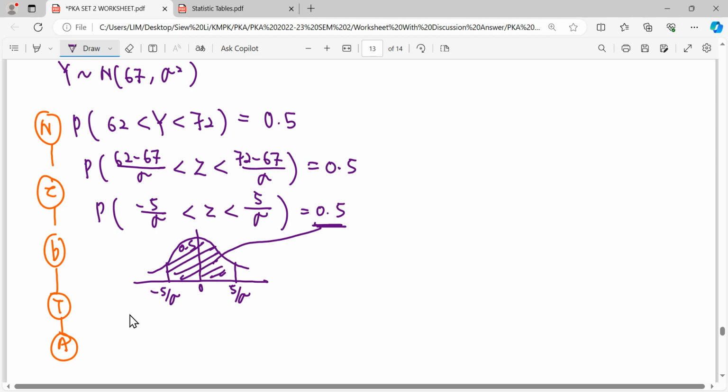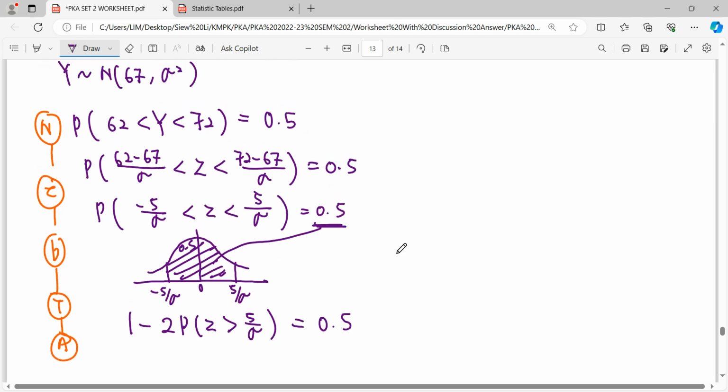From the table, it means 1 minus the left tail and the right tail, so that only we can get this region. So 1 minus the tail of negative, which is read as positive 5 over sigma, and then minus another tail, which is the same, so 2 same tails. After the overall region minus these 2 same tails, only then can we get the probability 0.5.